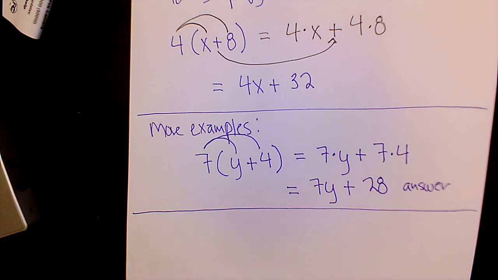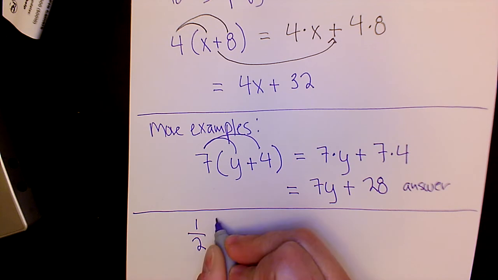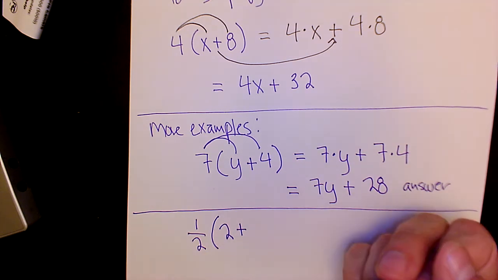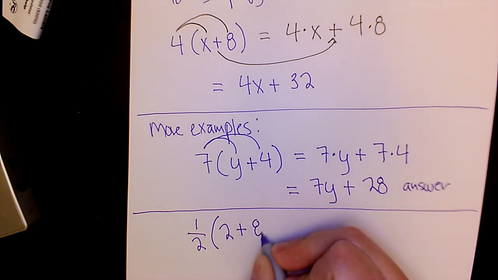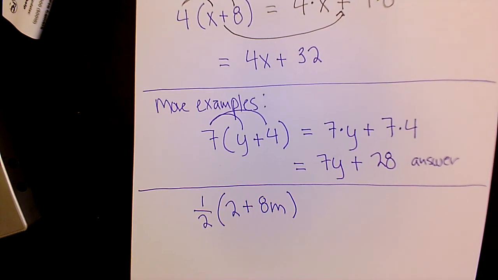What if I had one with a fraction? Because I think there's a couple on your homework from WebAssign that have fractions with that. What if I had, and we're going to be doing a lot more with fractions, but this is not too bad.